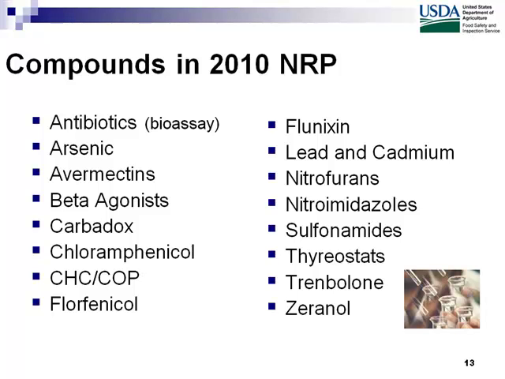This is a list of some of the compounds that were found to be at violative levels during the 2010 data. And the one thing to remember is that antibiotic residues are a very big concern. That's by far what we see the most violations in. But there are also some other drugs like flunixin and some of the other anti-inflammatories that could be present in animals at violative levels, but we're only doing our pre-screening test in plant for the antibiotics.